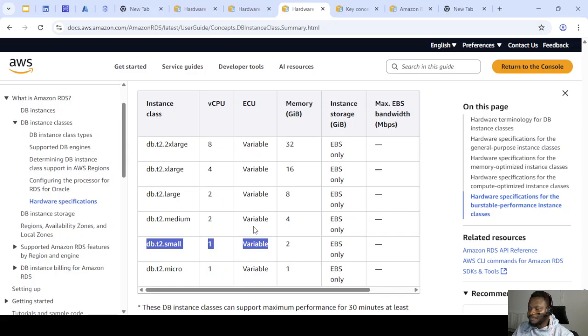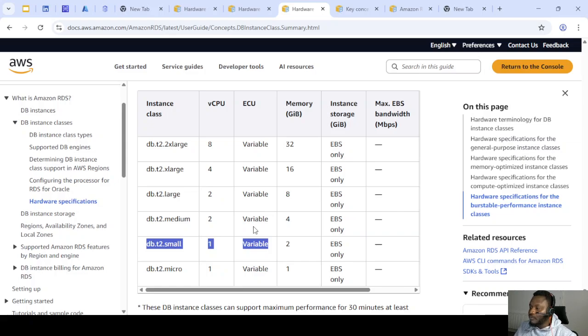It is that RDS instance class that accumulates credit when you consume CPU that is below the baseline. I repeat, these burstable instance classes are those instance classes that give you more credit. And those credits are later converted into more CPU when you use those instance classes below the baseline.